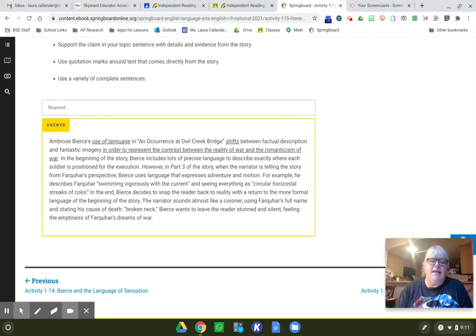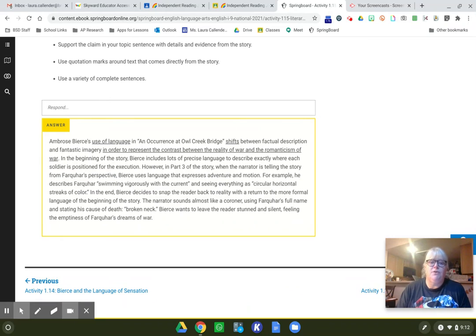For example, he describes Farquhar swimming vigorously with the current and seeing everything as circular, horizontal streaks of color. In the end, Bierce decides to snap the reader back to reality with a return to the more formal language of the beginning of the story. The narrator sounds almost like a coroner, using Farquhar's full name and stating his cause of death. Broken neck. Bierce wants to leave the reader stunned and silent, feeling the emptiness of Farquhar's dreams of war.